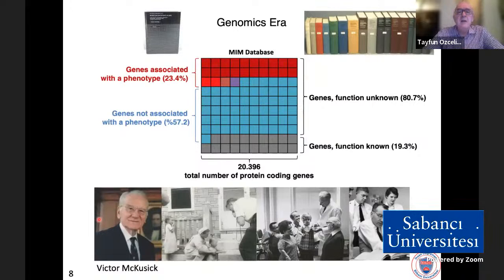I am guessing that the people listening have entered it and have seen different loci. Actually, this was started by a physician, Victor McKusick, who passed away some 14 years ago. He was a professor of internal medicine at Johns Hopkins University. And here you see Mendelian Inheritance in Man, a catalog of all human mutations.